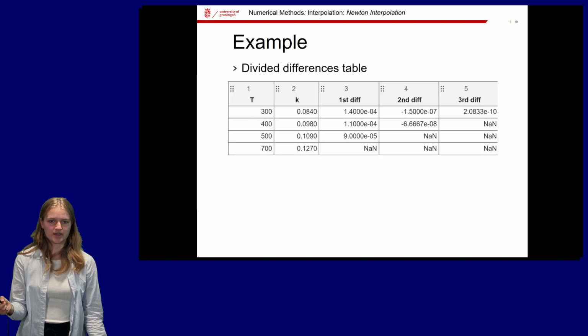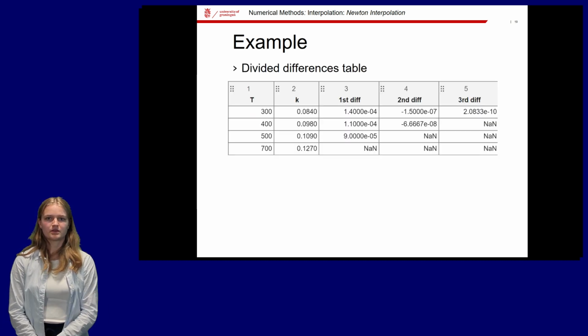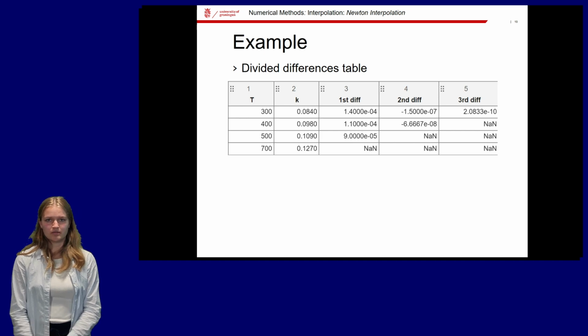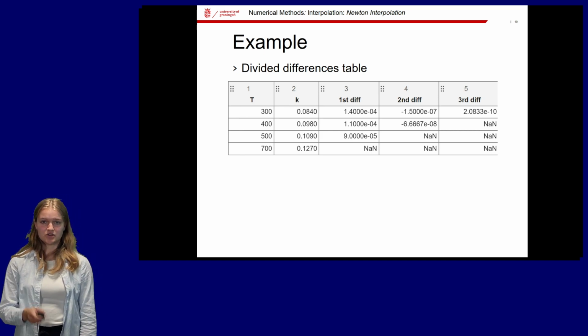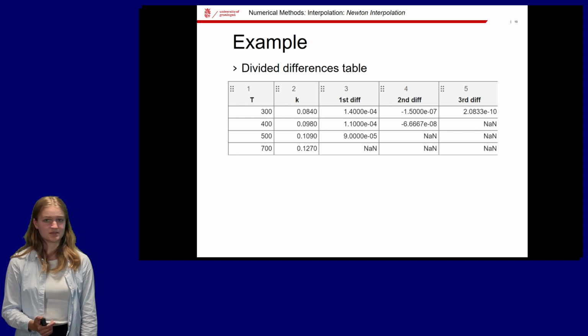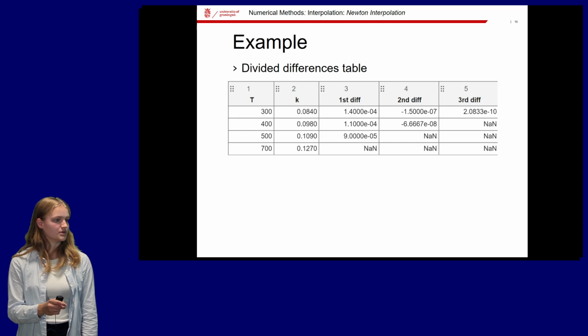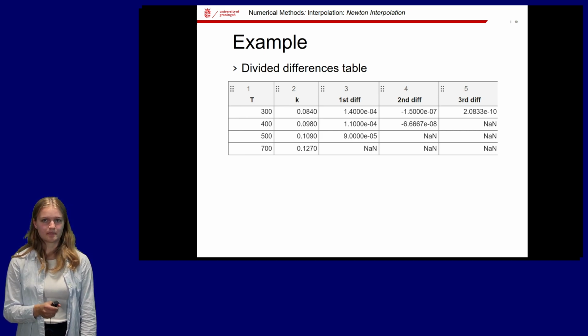So you can create a table with this. As you can see, we calculated the first finite divided differences in column 3. So it is 1.4 times 10 to the minus 4 and 1.1 times 10 to the minus 4. And we use those two to calculate the second divided difference of minus 1.5 times 10 to the minus 7.